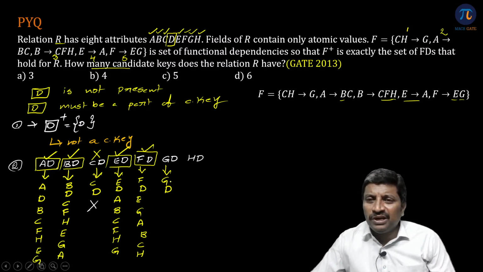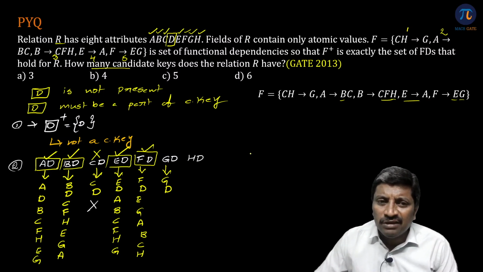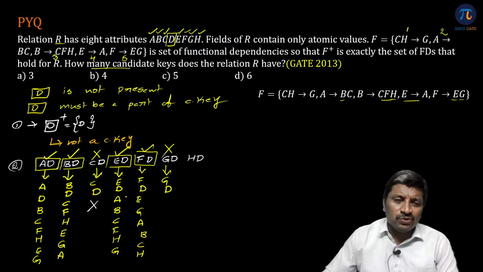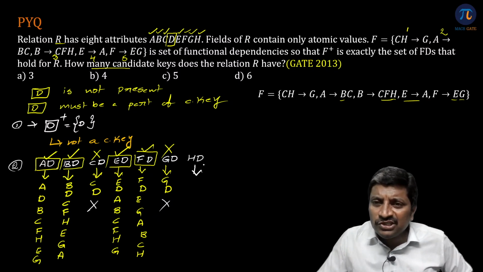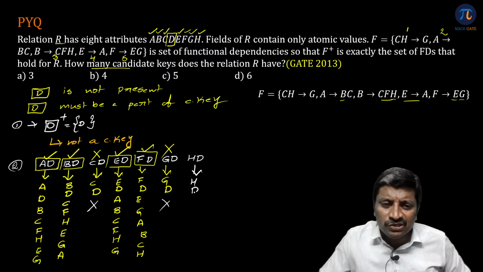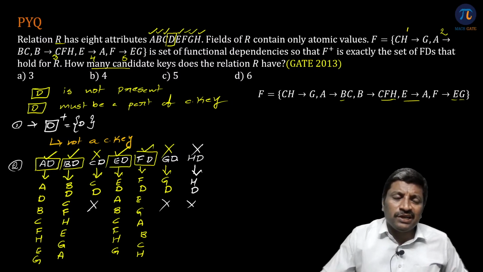GD is for sure. Anything else? With GD, we don't get anything, sir. So this cannot be a candidate key. What about HD? With HD, I can get only HD. So this is also not a candidate key.